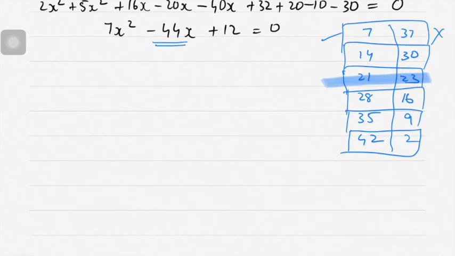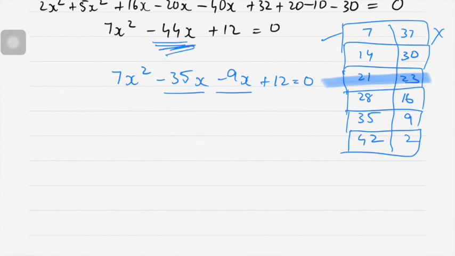Now let me take the fifth option, which is 35. Okay, if I take 35, 7x square minus 35x minus 9x plus 12 is equal to 0. Right? So minus 35x minus 9x is minus 44x. Correct?